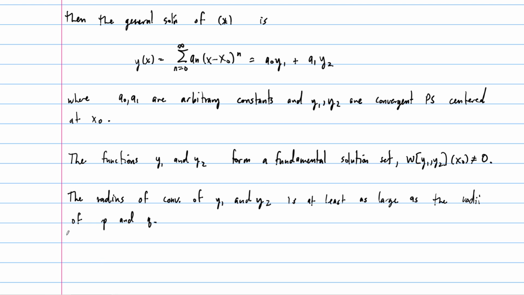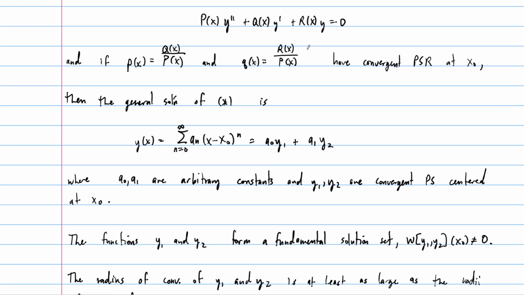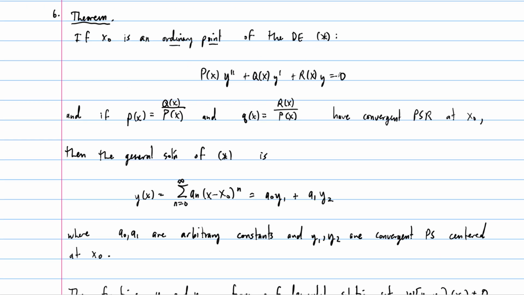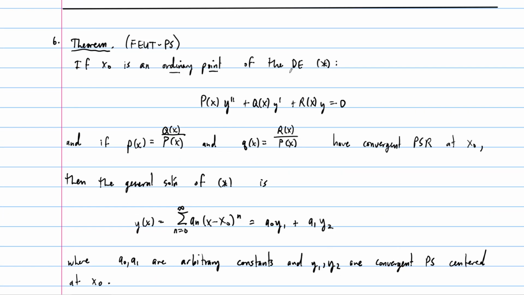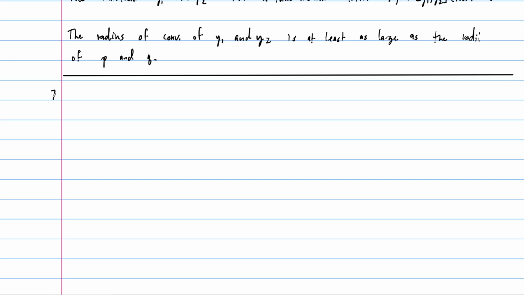So that's it. That's the fundamental existence and uniqueness theorem for these power series solutions at an ordinary point for a linear, homogeneous, second-order differential equation. Okay, so this is another version of our FEUT PS, we'll call it, power series fundamental existence and uniqueness theorem. So now let's use it to answer one question.